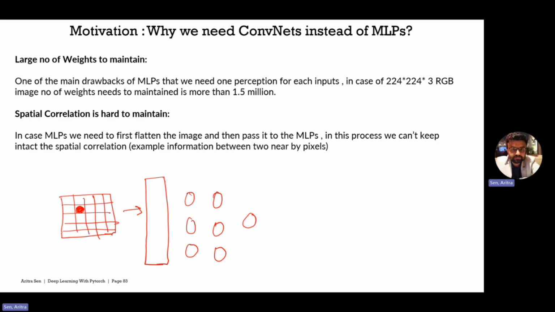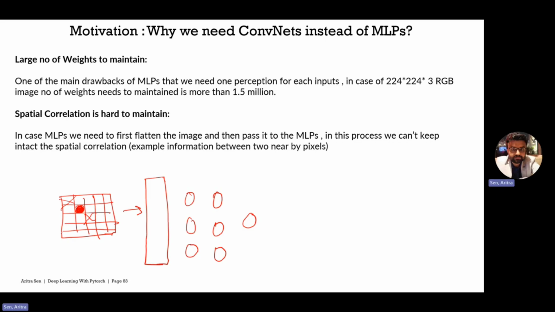Once we flatten the image, the surrounding pixel values, like this one or this one, can become very far away from the pixel which I have highlighted here. So the spatial correlation cannot be maintained if you flatten the image and then use a multi-layer perceptron. That is not the case if we use convolutional neural network or CNN, which we will talk about in much detail in the next few minutes.